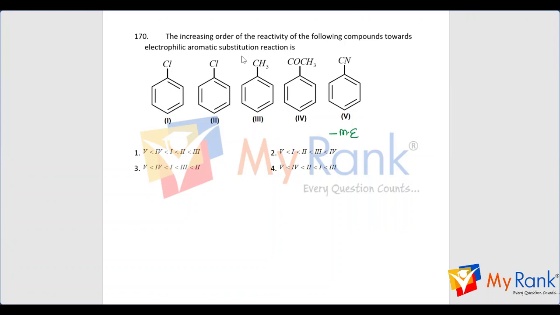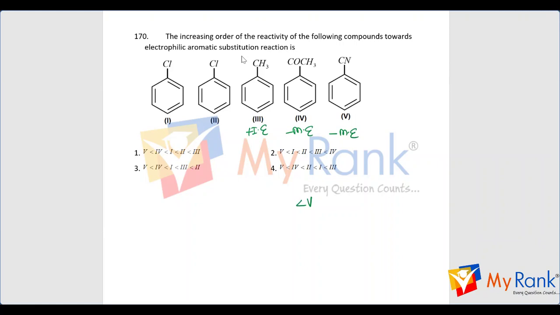And the next one is also a minus mesomeric effect group. This is a plus inductive effect group. Minus mesomeric effect means the reactivity is very less. Here the least reactive one is the fifth one.